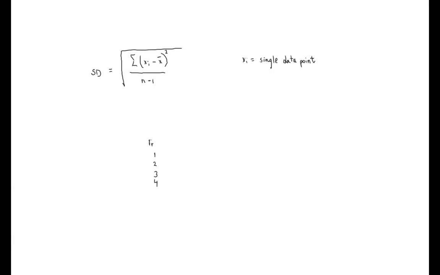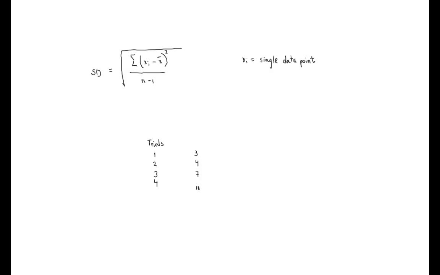These are trials. And for our trials, we get 3, 4, 7, and 11. Okay, those are the 4 numbers we get. 3 is a single data point. 4 is a single data point. 7 is a single data point, and 11 is a single data point.